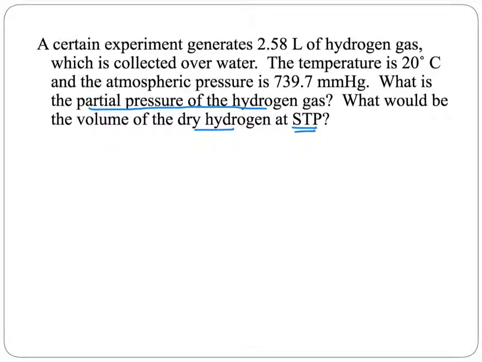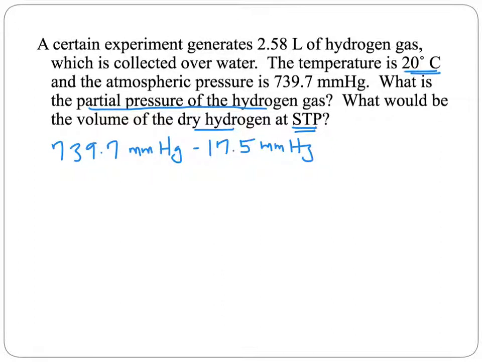So the first thing you need to do is consider what the partial pressure of hydrogen gas is. You do that by taking your total pressure of 739.7 millimeters of mercury, and you refer to a table like the one on the previous slide, which will tell you that there's 17.5 millimeters of mercury of water vapor present when you are at 20 degrees Celsius.